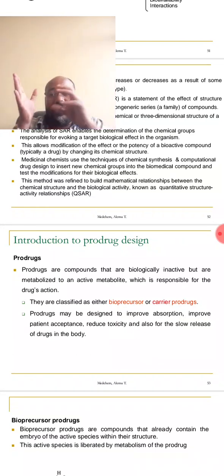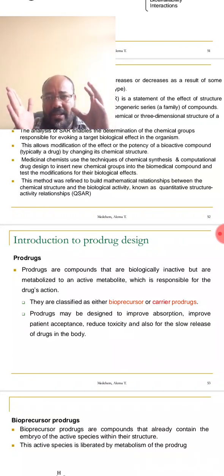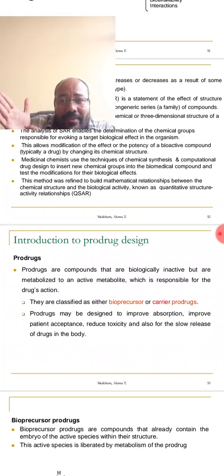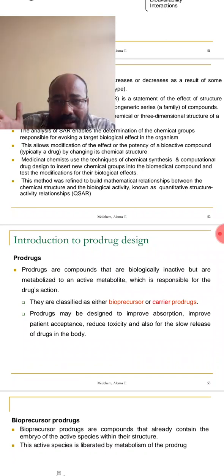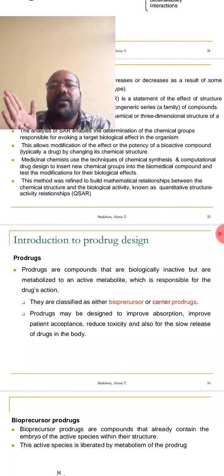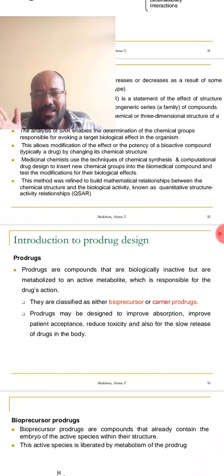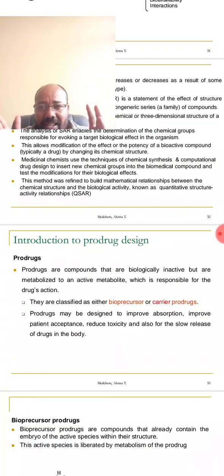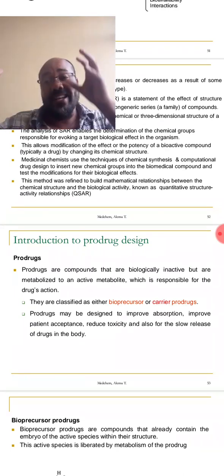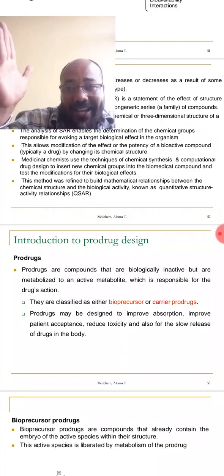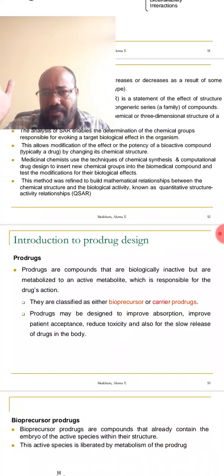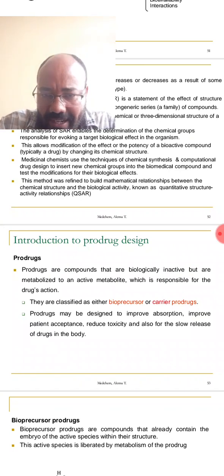If the compound contains in nature the active species in its structure, we can say that compound is a prodrug, but it is called a bioprecursor. Compounds that contain the active species in their structure, which can be metabolized after absorption or administration, are called bioprecursors.